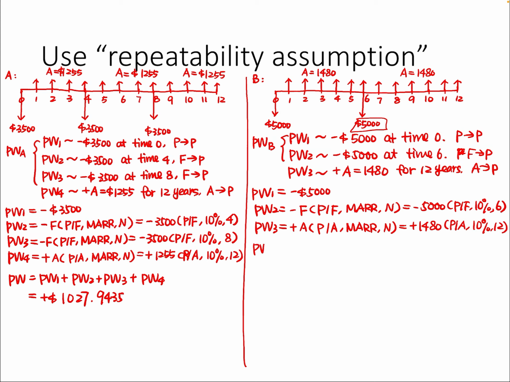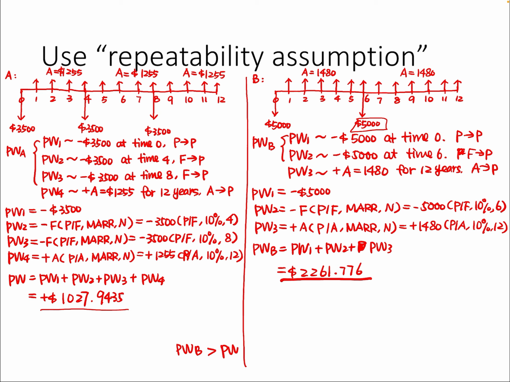Okay, so after you calculate all of this, you're gonna find PWB is the sum of PW1 plus PW2 plus PW3, and then the final result is 2261.776. Okay, so compare these two values. Which one is bigger? Of course, the PWB. So PWB is bigger than PWA. So you want to choose B as a better option.